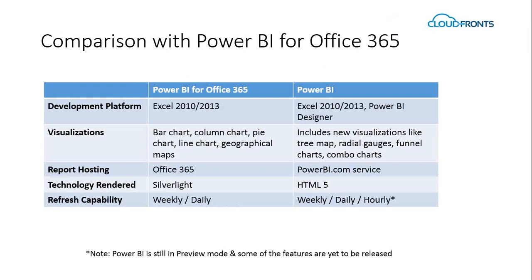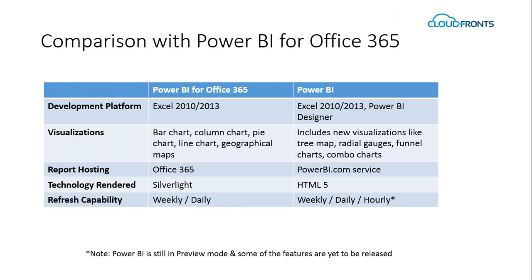Visualization. In Power BI for Office 365, we can visualize data in the form of bar chart, column chart, pie chart, line chart, and geographical map. In Power BI, apart from that, they introduced tree map, radial gauges, funnel charts, and combo chart. Hosting report. For Power BI for Office 365, you need to host on SharePoint using the data management gateway, and that is very complex and critical.